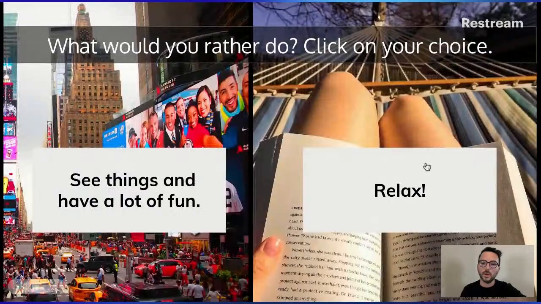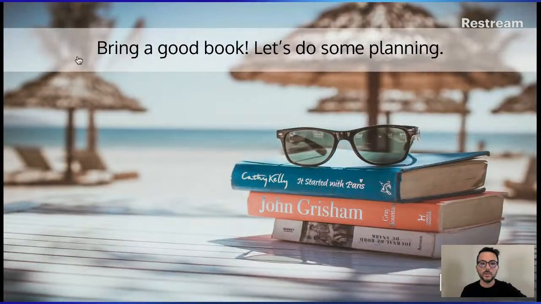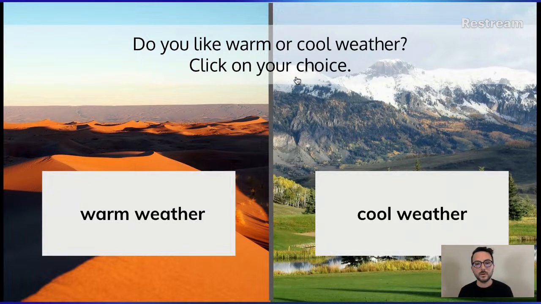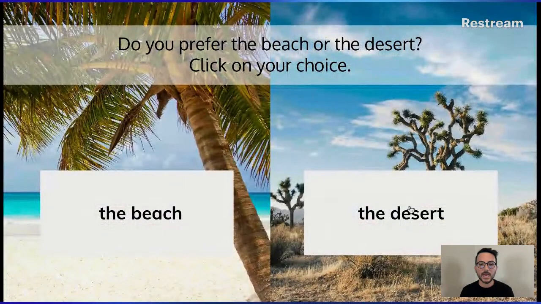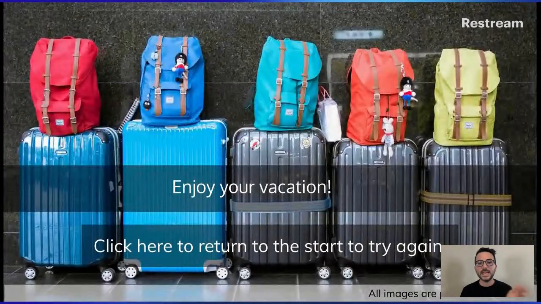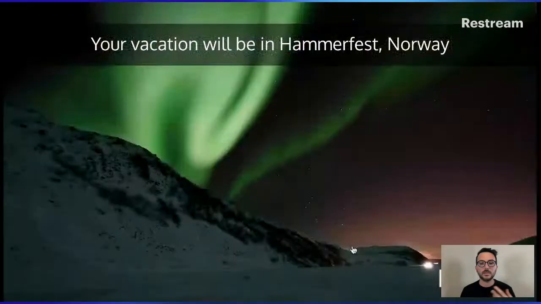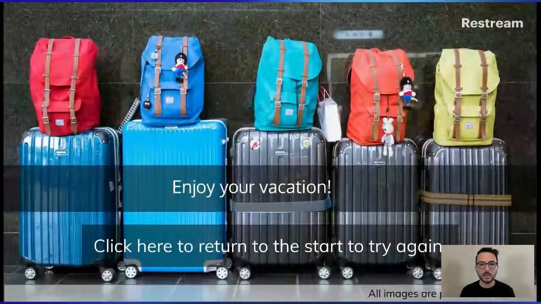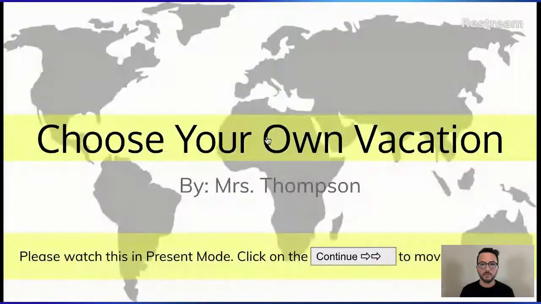Continue. And then what do you want to do, right? So you choose something and you get a slide related to that choice. Continue, and do you like warm or cool? So you get to choose, and you have different paths that you can navigate, and see, that ends. Click here to return to the start to try again. Okay, there you go.